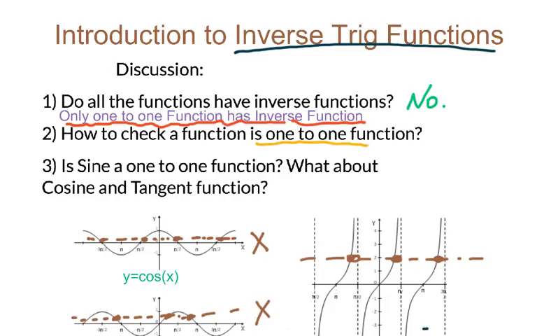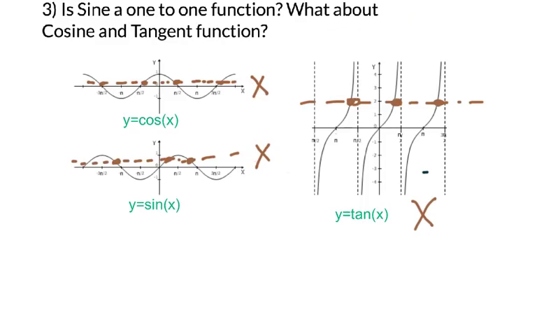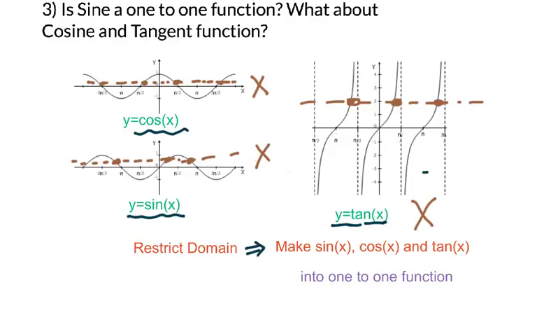How could that happen? There is a way to make the sine, cosine, and tangent functions into one-to-one functions: by restricting the domain.